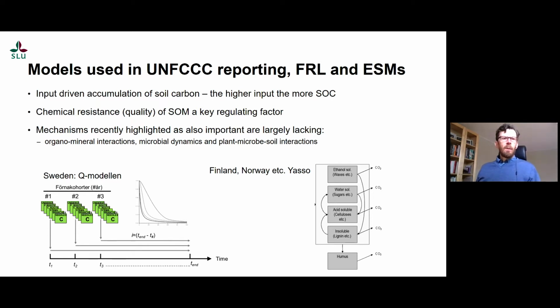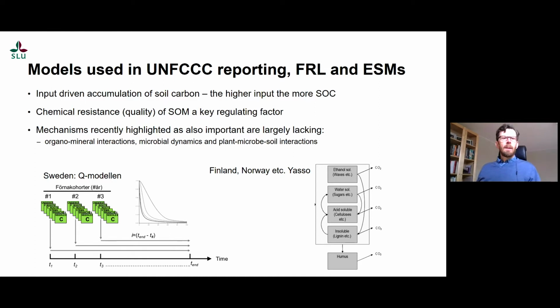There is, however, a potential problem with the current models being used, because there is an emerging view on soil carbon processing in the soil, highlighting, for example, mineral protection as a key factor, microbial dynamics, and also interactions between the trees, microbes and the soil.